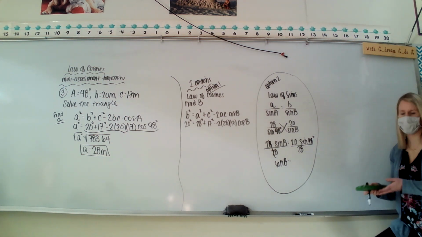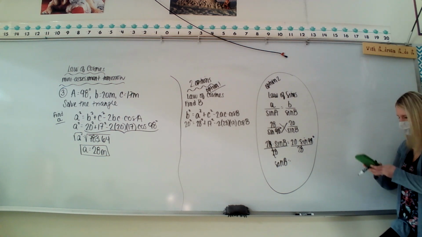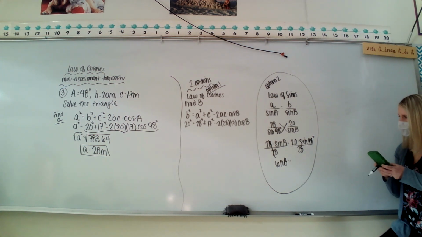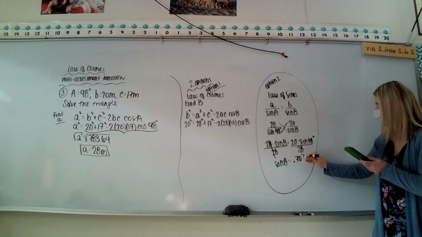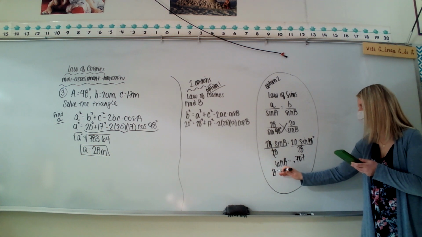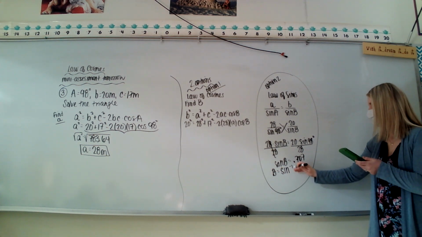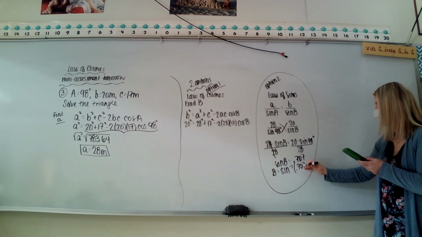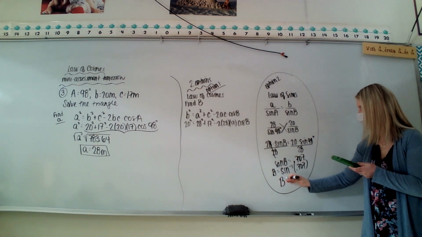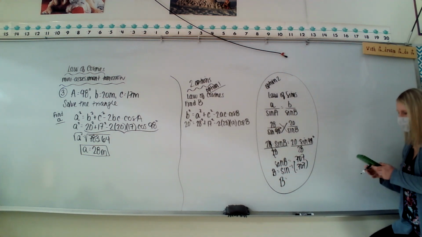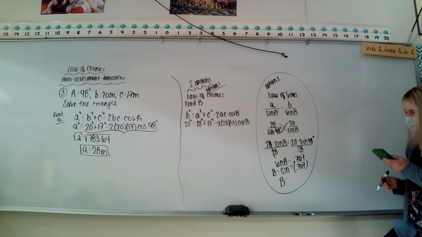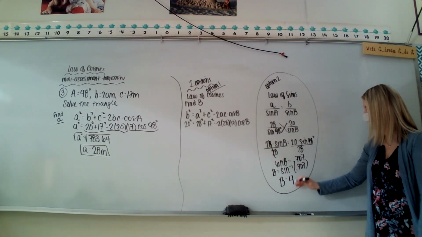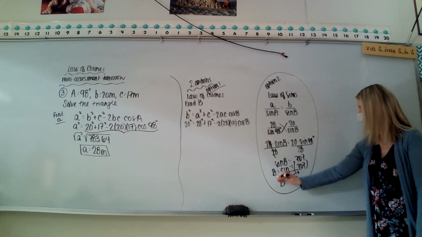Once again, it all comes down to what you need to plug into the calculator. I got 0.707. So I'm going to do the inverse sine of that. Just make sure you use sine. It's 45 degrees. Whew, what a beauty.